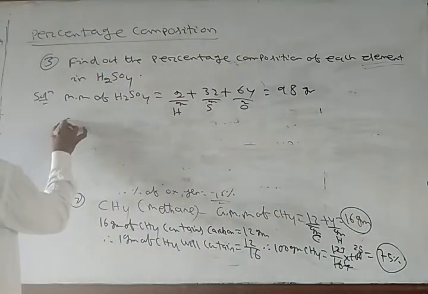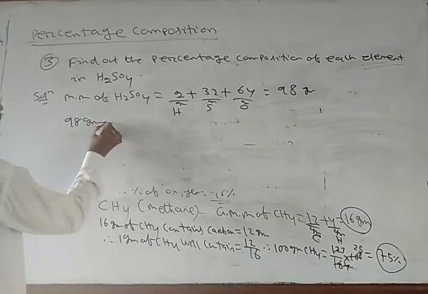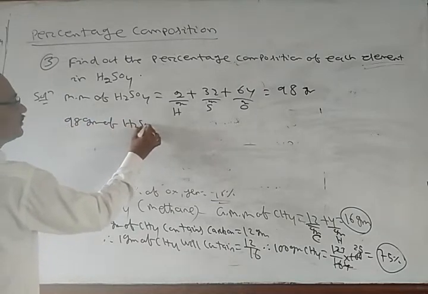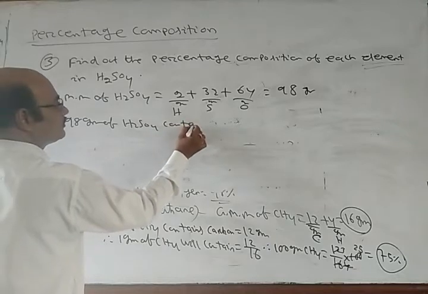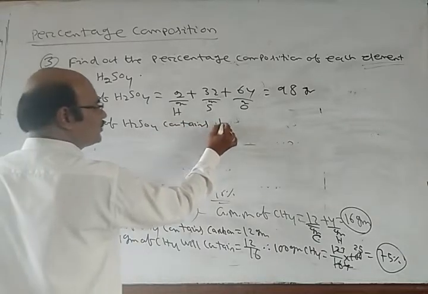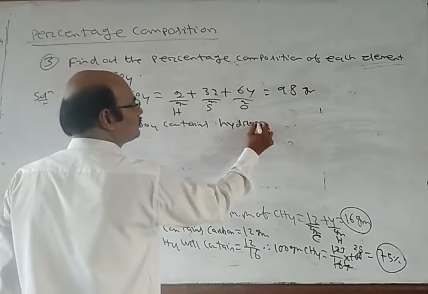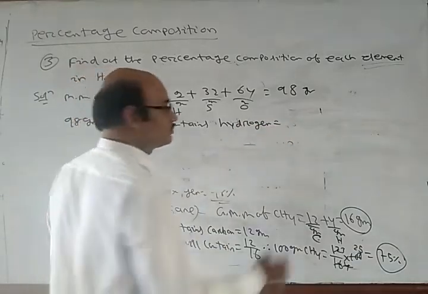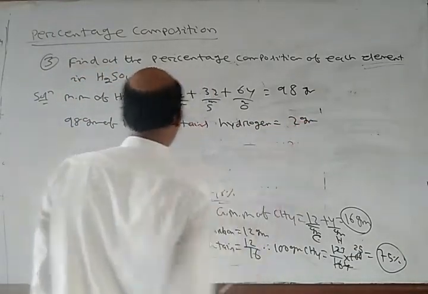So what can I say? See, 98 gram of sulfuric acid contains hydrogen equal to how much? 2 gram.